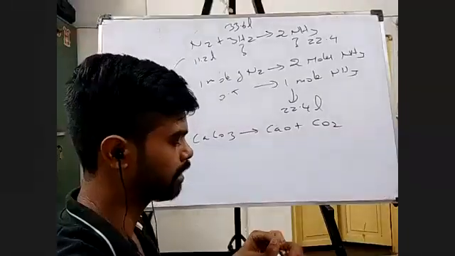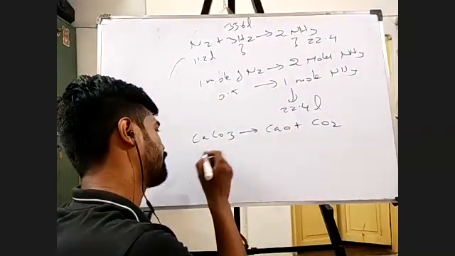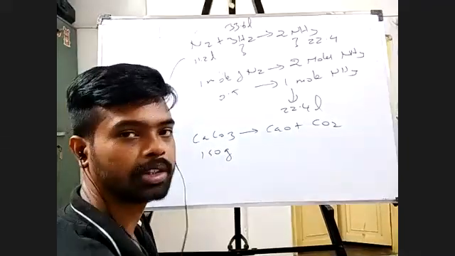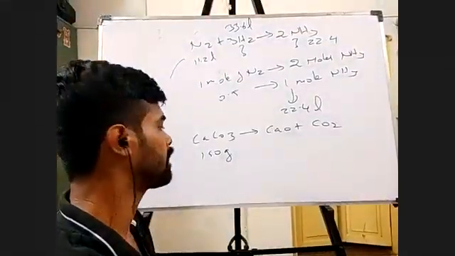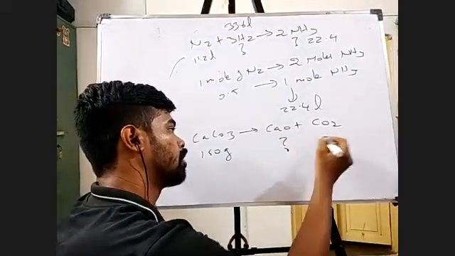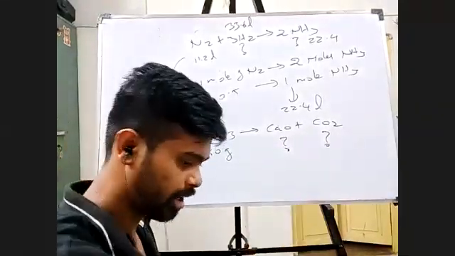Okay, fine. So now you are going to do the question and tell me the answer. Say now they are giving me that I have 150 grams of CaCO3 present in the mixture. Right. Initially, I had 150 grams of CaCO3. I want to know what is the mass of CaO getting formed and what is the mass of CO2 getting formed. Do it and tell me the answer.